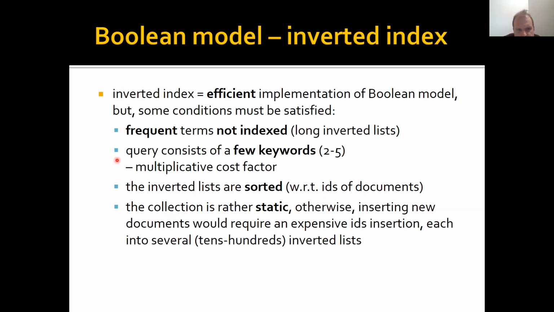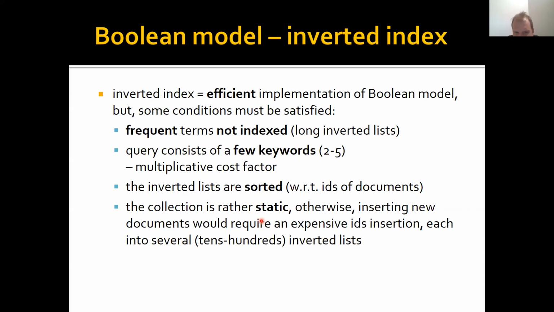Next assumption, we should have queries consisting of very few keywords. Few keywords means up to 10, for example, because this is a multiplicative cost factor. The number of keywords in a query determines the number of inverted lists in the inverted index, right? So the more lists we have, the slower the search is. We should have the inverted lists sorted because of the merge sort traversal.